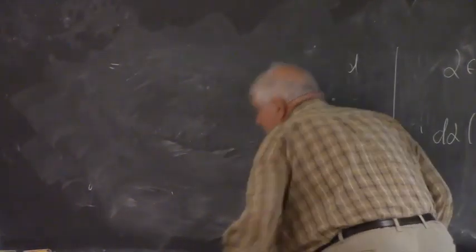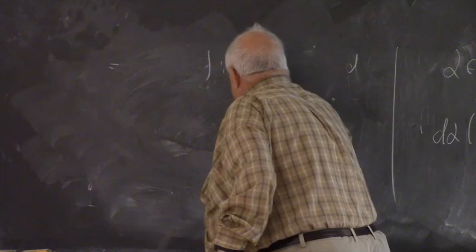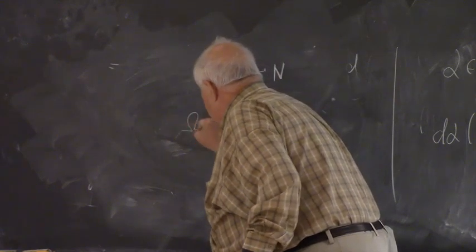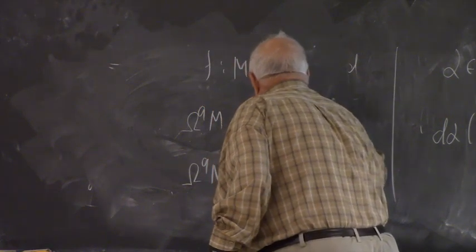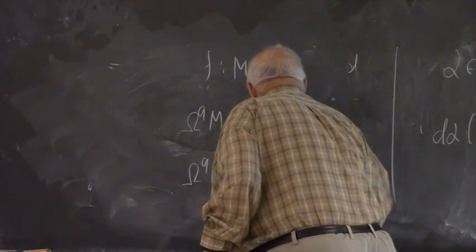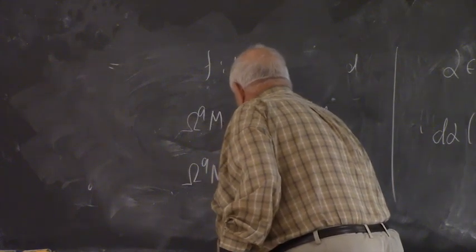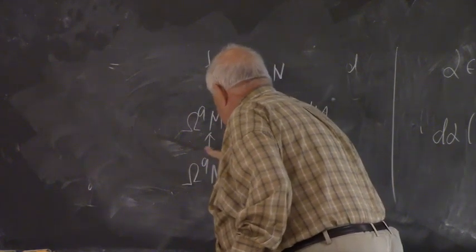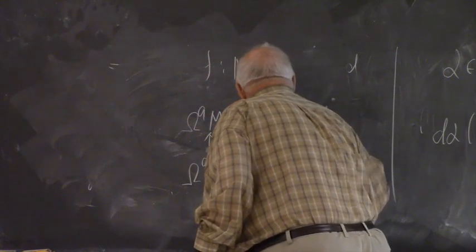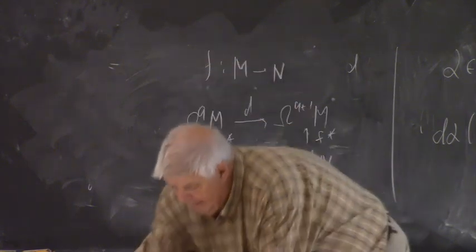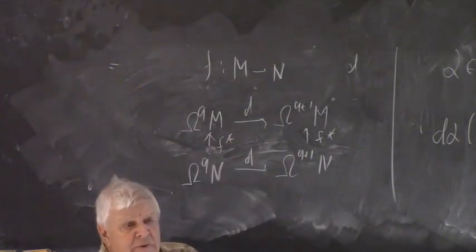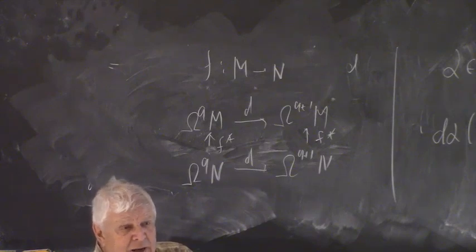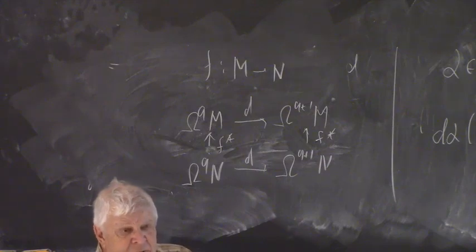If you have an arbitrary smooth map f from m into n, then I have omega q of m, omega q of n, omega q plus 1 of m, omega q plus 1 of n. Here I have differentials, and here, in this direction, the map f star. And as algebraists say, this diagram is commutative. As ordinary people say, the operators d and f star commute with each other, and can be applied to a differential form in any order.